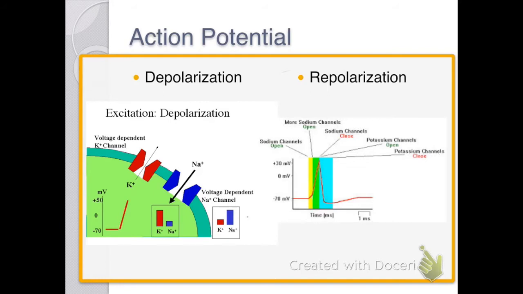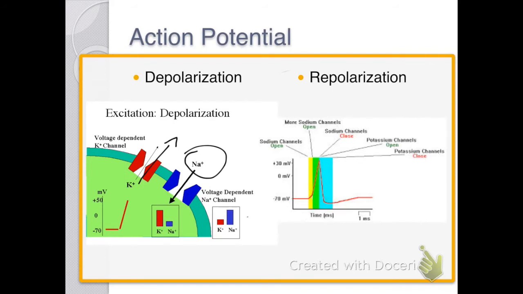Before, it had been maintaining this negative charge, but now all of a sudden the amount of potassium flowing out decreases and the sodium channels open up, and sodium flows into the neuron in large amounts, causing the charge to go up to about positive 40.